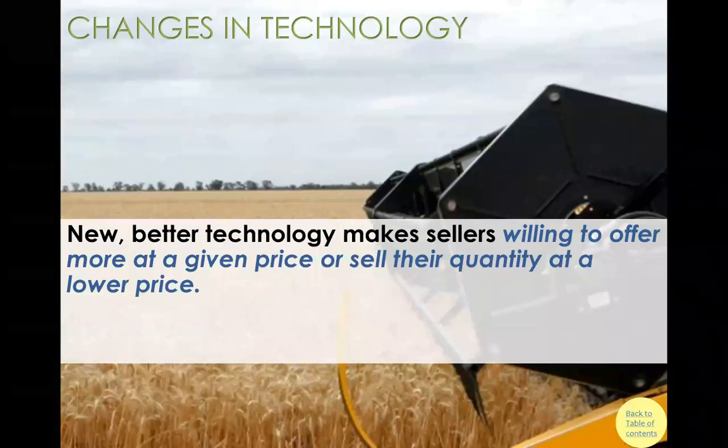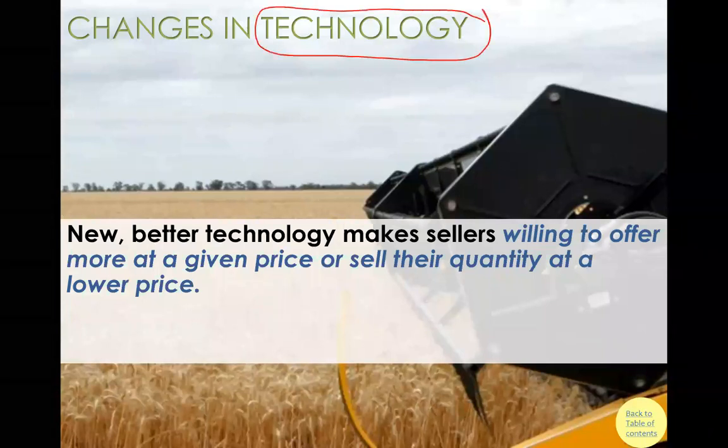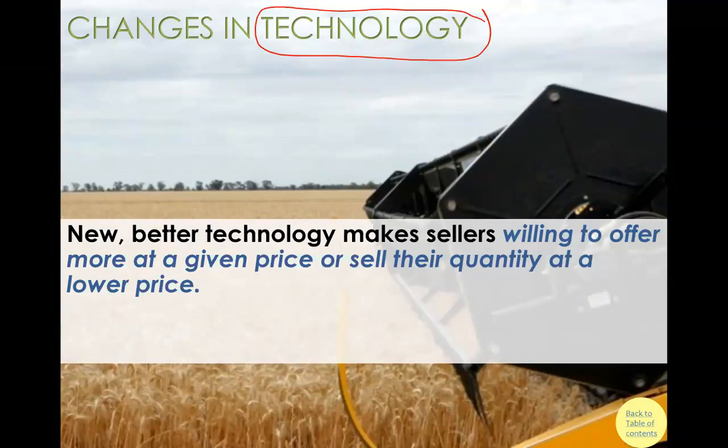Now we go to the third factor, which is change in technology. This background picture shows, in the United States in the late 1900s and early 20th century, the country experienced dramatic technology progress in the agriculture sector. And eventually, a huge amount of population moved away from the agriculture sector.